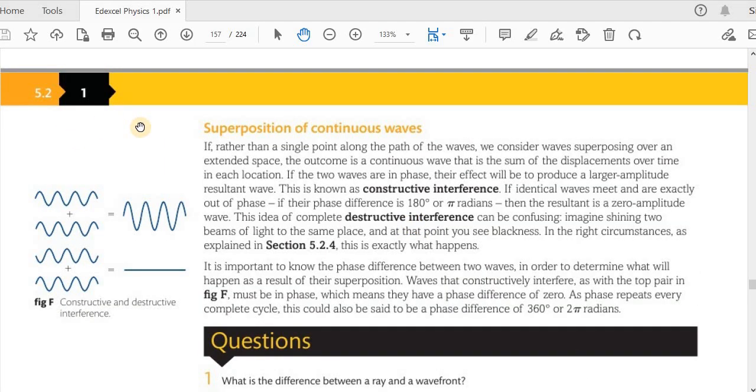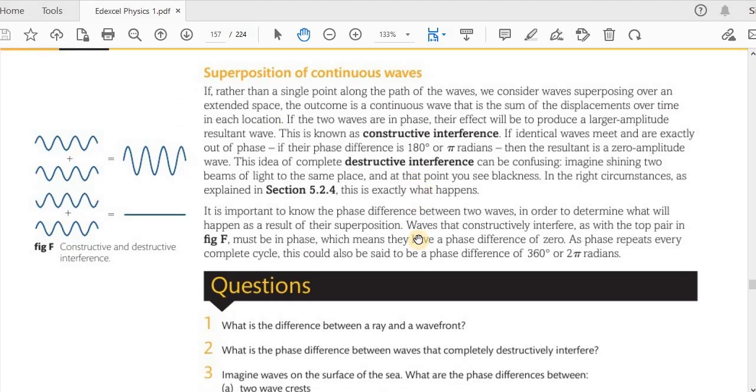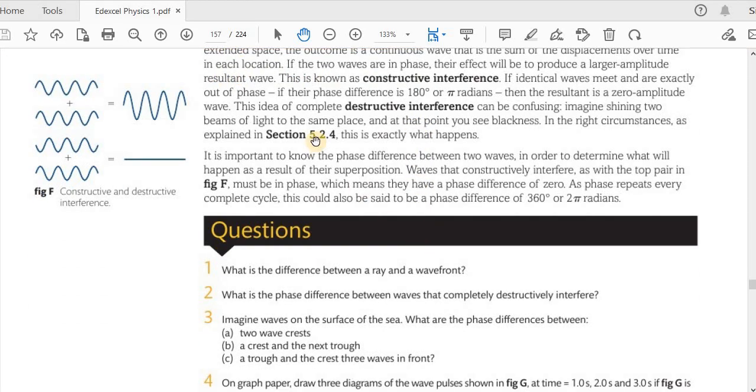Now we are in 5.2.1. It is important to know the phase difference between two waves in order to determine what will happen as a result of their superposition.